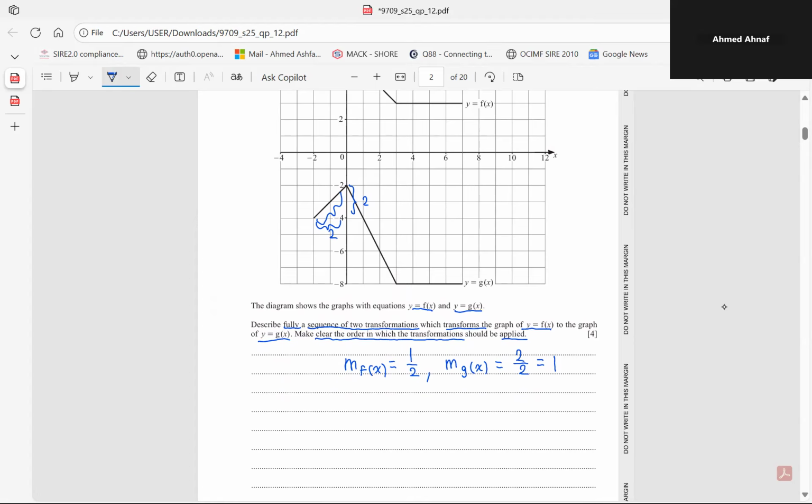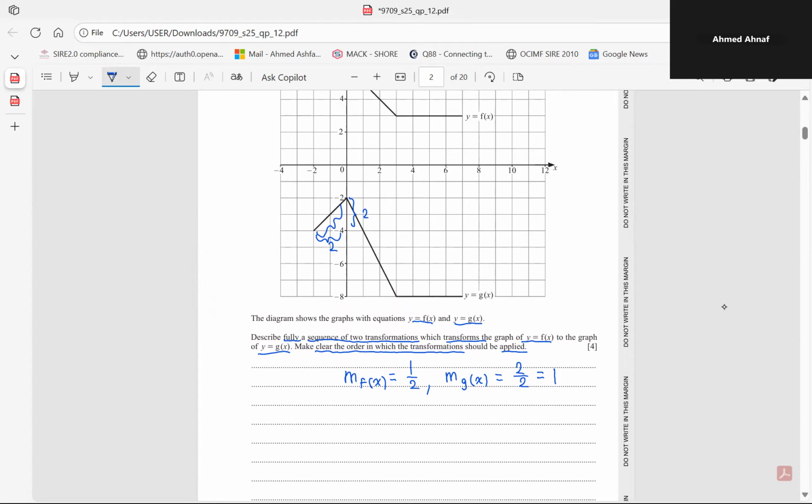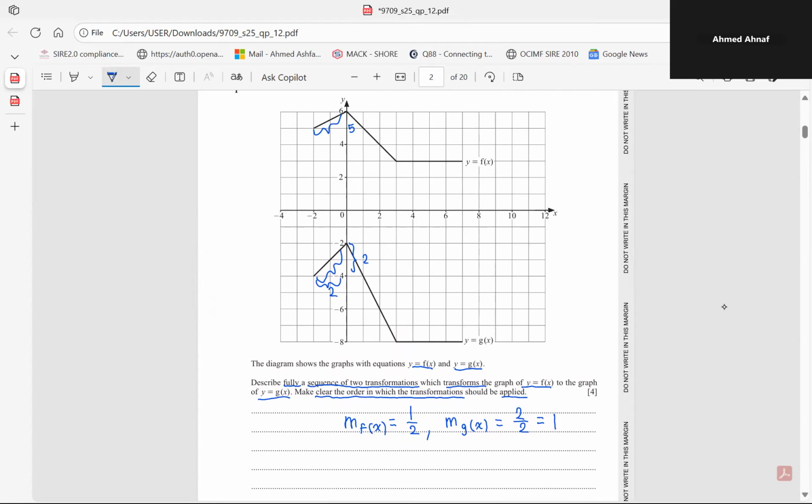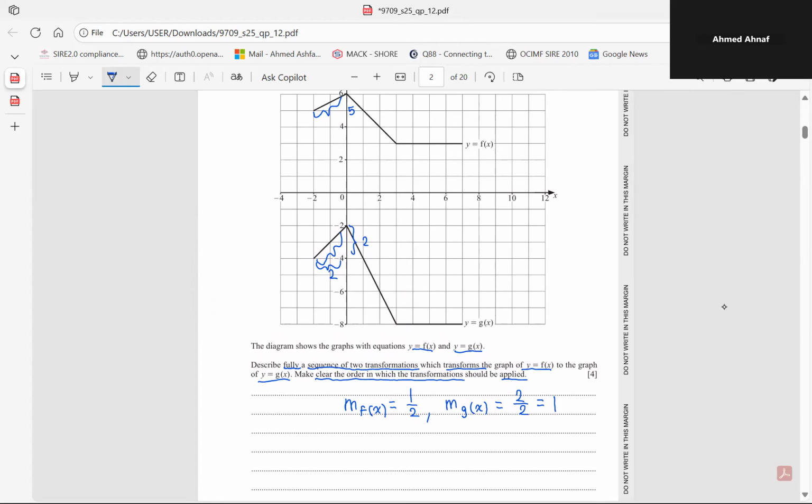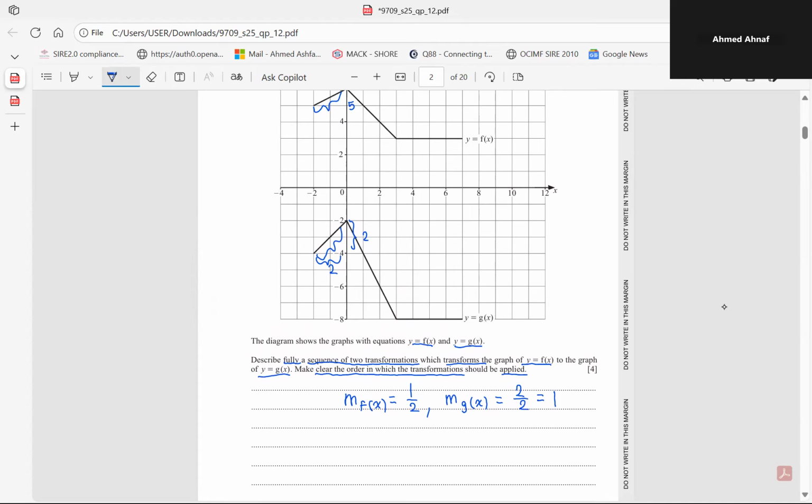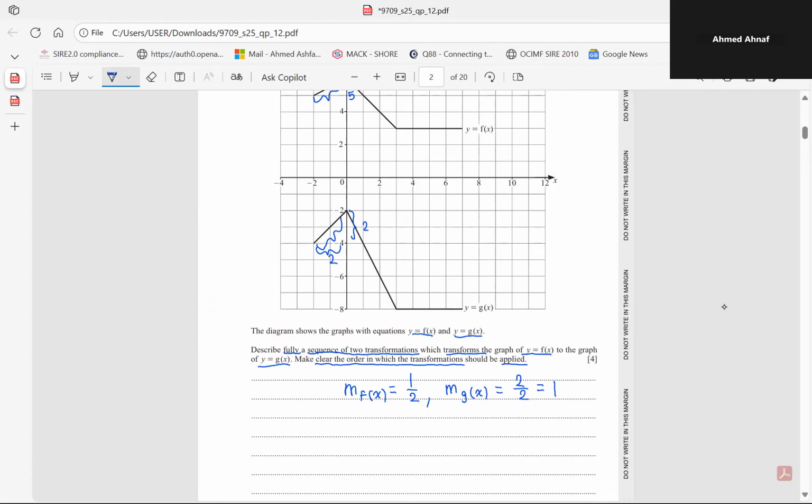So the stretch factor should have been 2. So it should have been vertically stretched with scale factor 2. And before that, it should have been shifted down vertically by a certain number of units. So now let's sketch y equals g(x) before it was stretched.